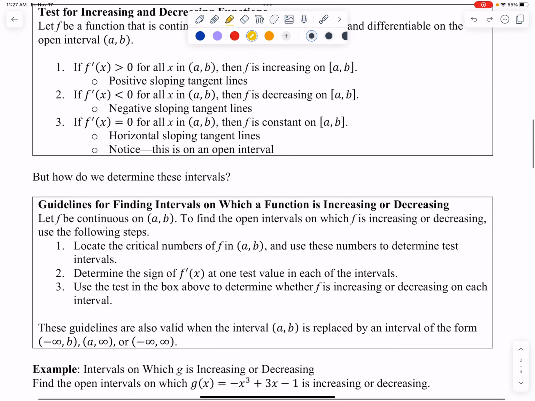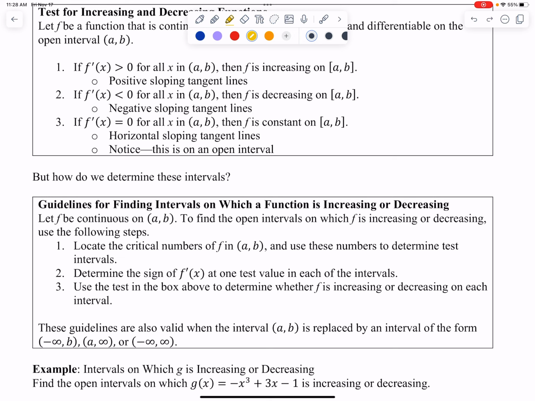But how do we determine these intervals? So taking all of our observations, the fact that at each endpoint where an interval changed from increasing to decreasing or decreasing to increasing, the derivative was either undefined or equal to 0. So there was a critical number at the endpoint of each of the intervals. So for determining in a more methodical way where a function is increasing or decreasing, besides just reading the graph, we could identify critical numbers on the domain or on the given interval that the function's defined.